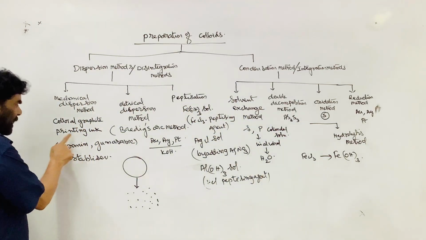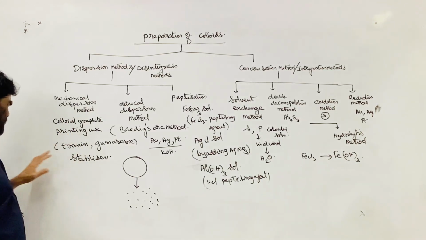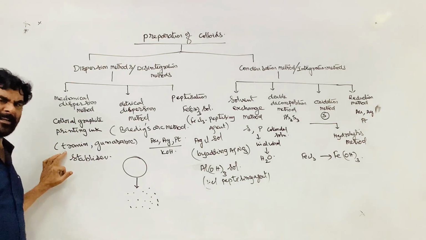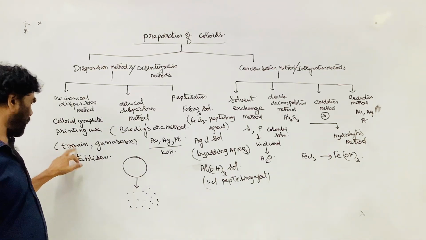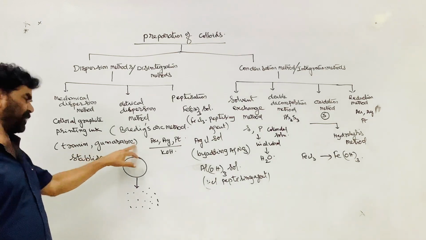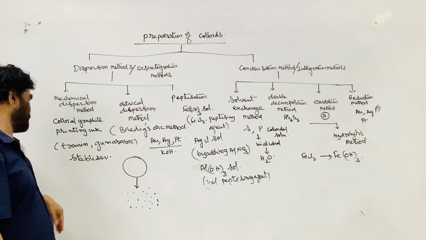This is printing ink. Here, some stabilizing agent is required. I will tell you the need for the stabilizing agent. Tannin is used, a plant material. Gum acacia, a gum-like plant material, is also used as a stabilizer.